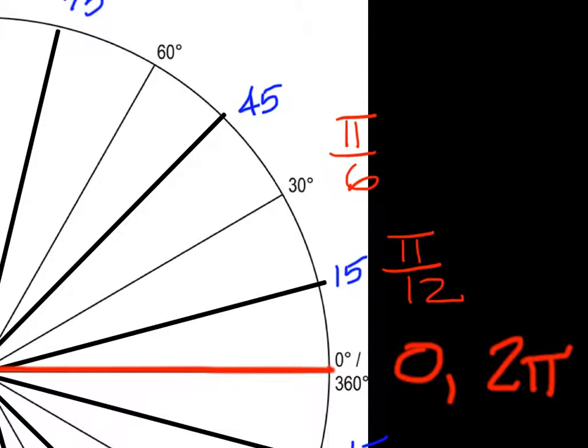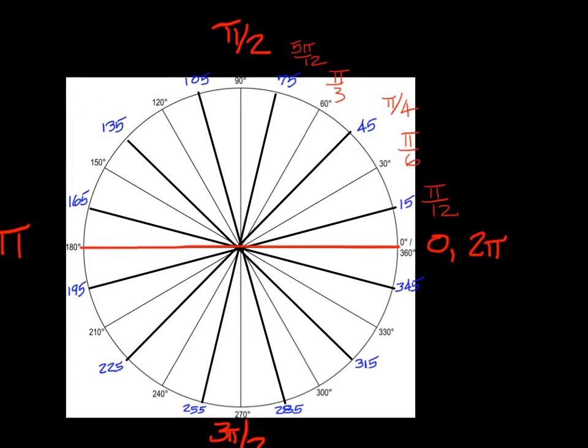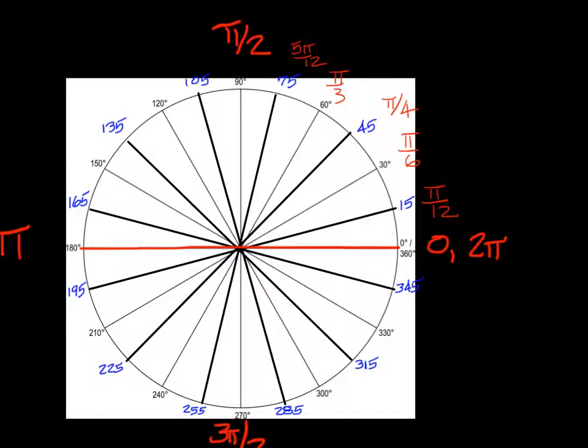And 45 is 3 pi over 12, which is pi over 4. You just have to reduce as you go along. 60 is 4 pi over 12, which is pi over 3. And 75 is 5 pi over 12. 90 is 6 pi over 12, which is 1/2, so pi over 2.